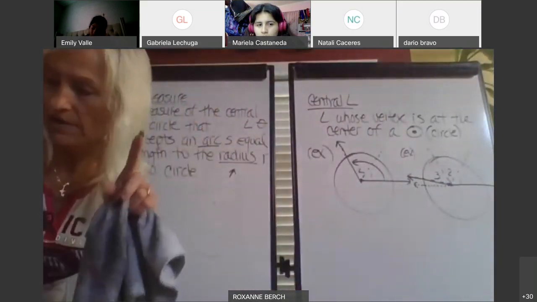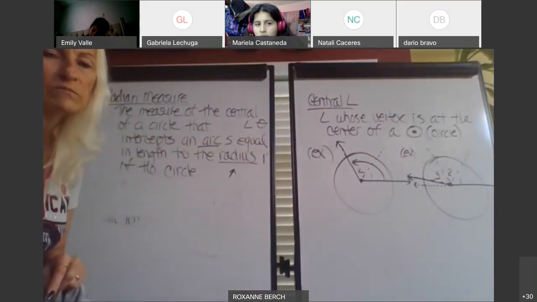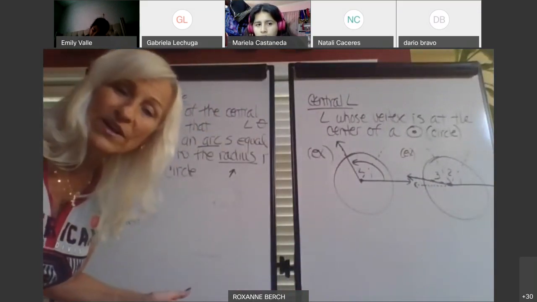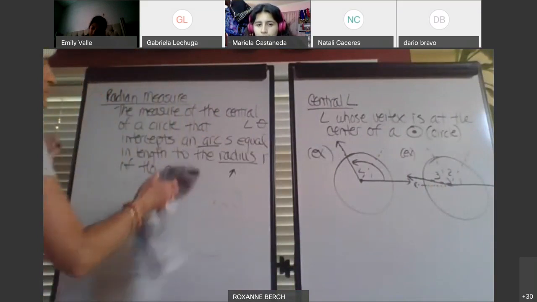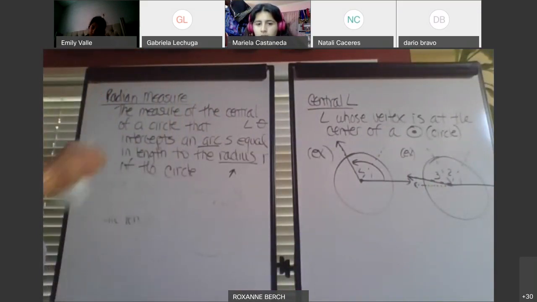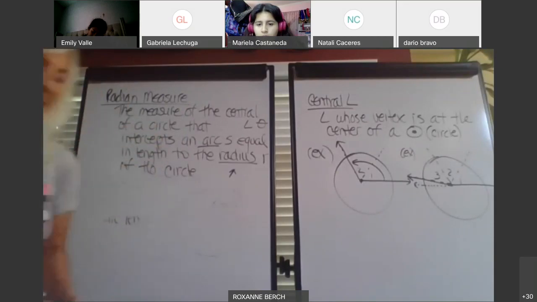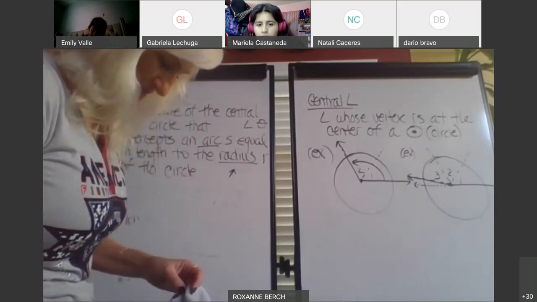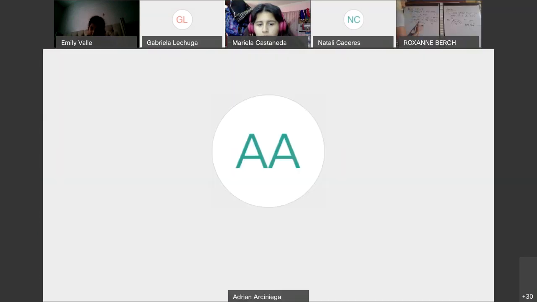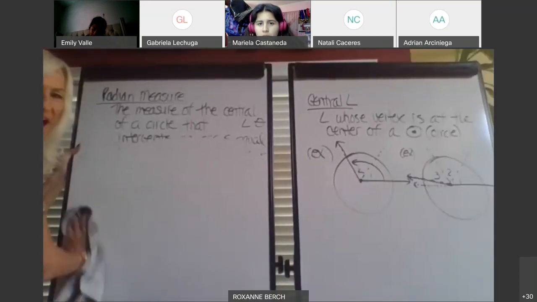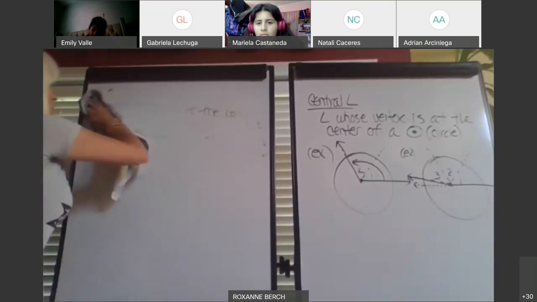What's the measure of a straight angle in degrees? 180 degrees. What's the measure of a straight angle in radians? Go ahead and tell me. Pi. It's pi radians. Yep. So now you've just discovered where pi came from.